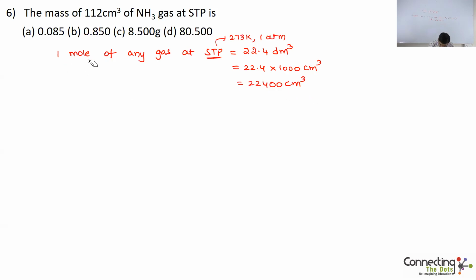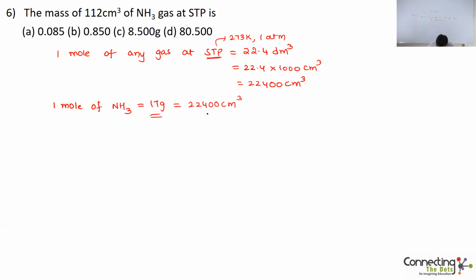So from this we can say that 1 mole of ammonia is equivalent to its molar mass. Molar mass of ammonia is 14 and 3, so it will be 14 plus 3, which is 17. So ammonia is equal to 17 grams, which is its molecular weight, is equivalent to 22,400 cm³.